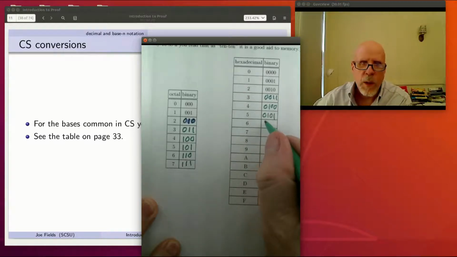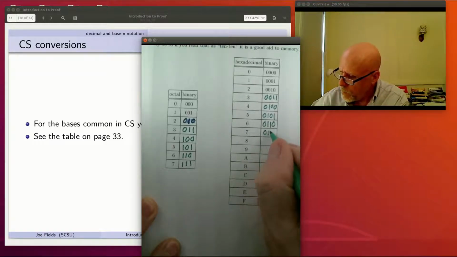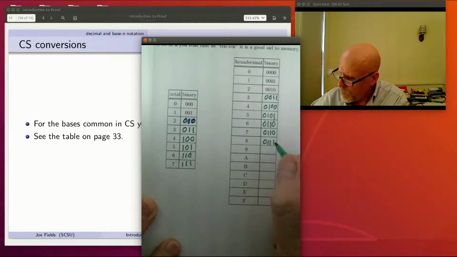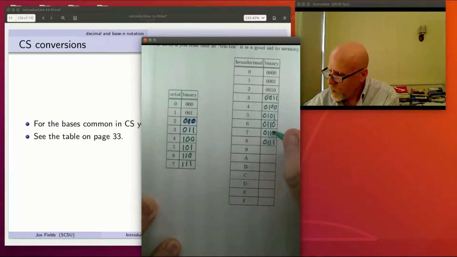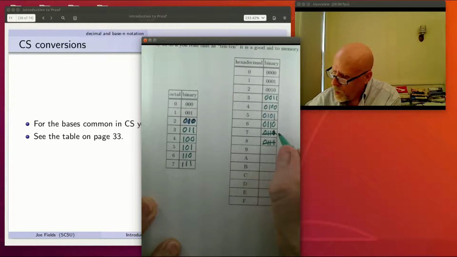I'm just going to stop talking and fill them in, okay? No, I messed up. I could tell I messed up because I have a checkpoint. Sorry, I'm just going to cross it out and do it. That should have been 0111, and this one should have been 1000.